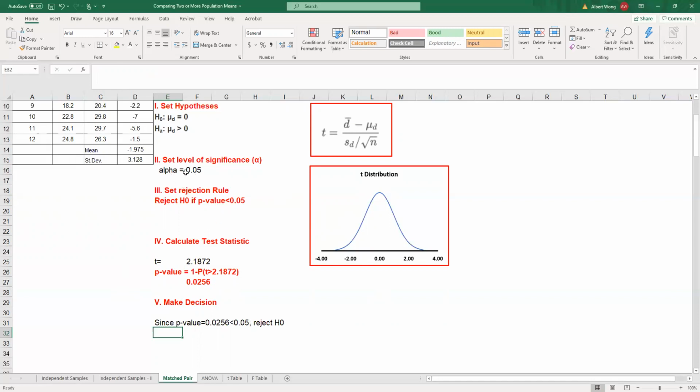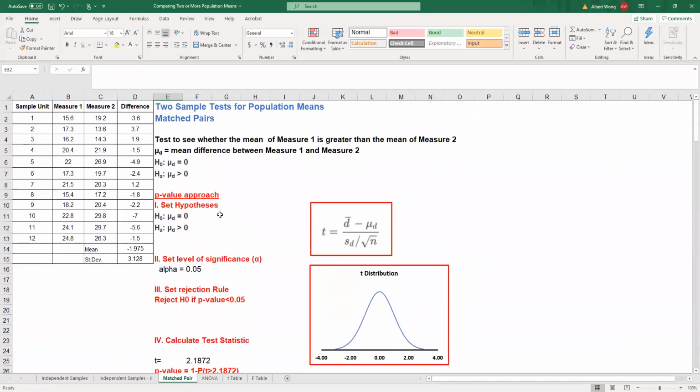What happens if alpha is equal to 0.01? Well, if alpha is equal to 0.01, we do not reject. So this result is marginal, and probably the sample size is too small. So from a business research perspective, if you have results like this, what we should actually do is take a much bigger sample size rather than stopping here.